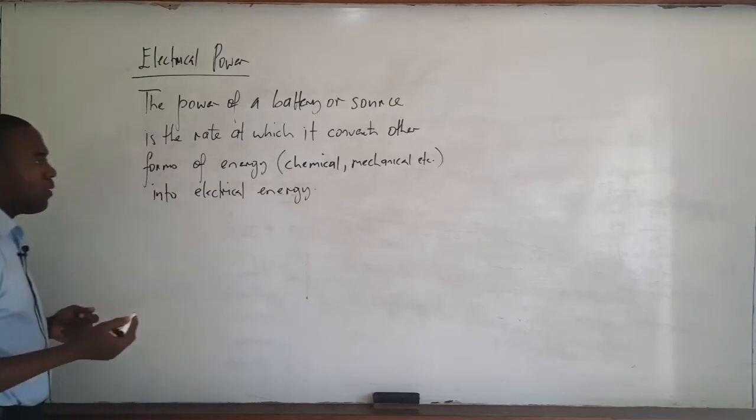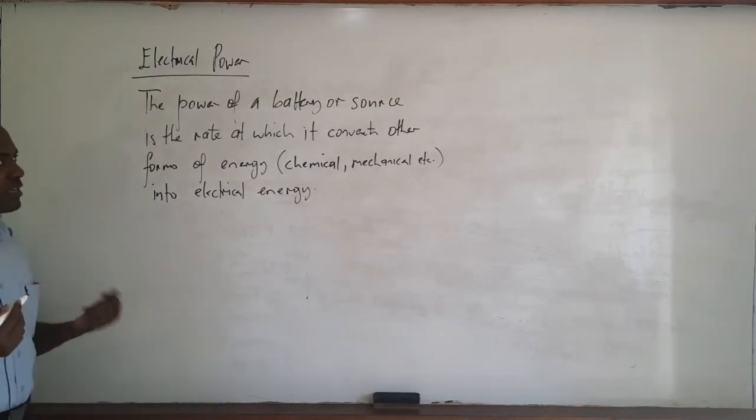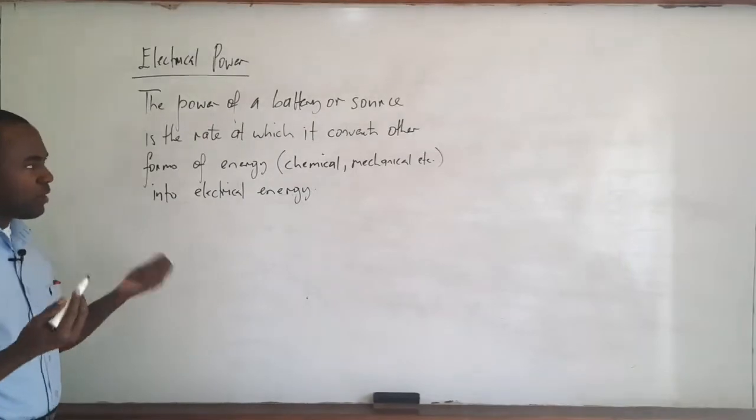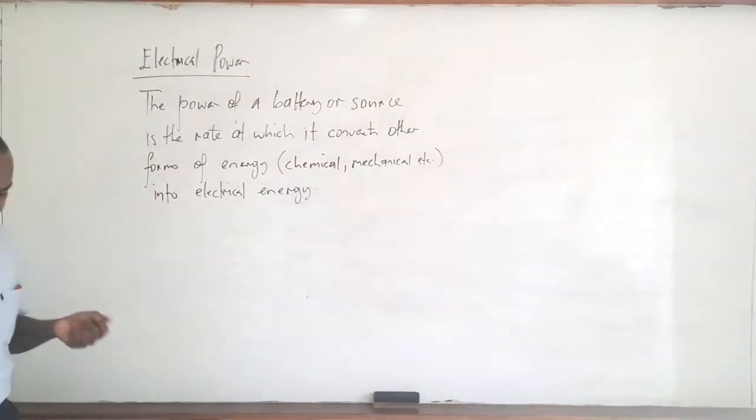So the power of a battery or source is the rate at which it converts other forms of energy, chemical, mechanical, etc., into electrical energy.